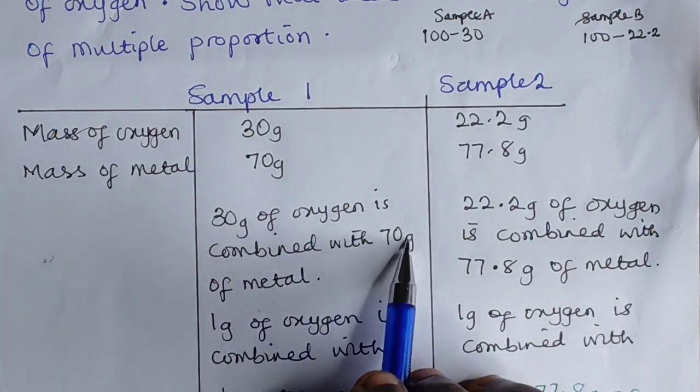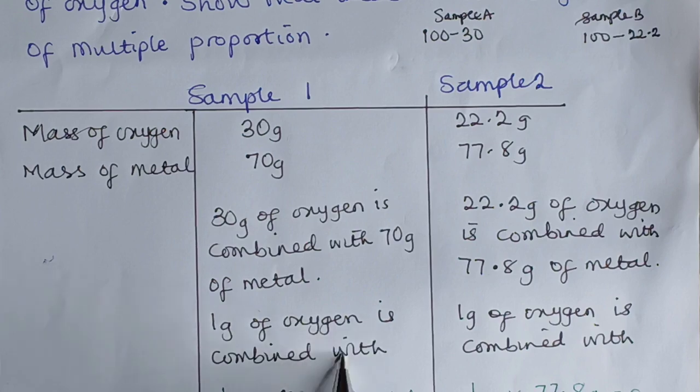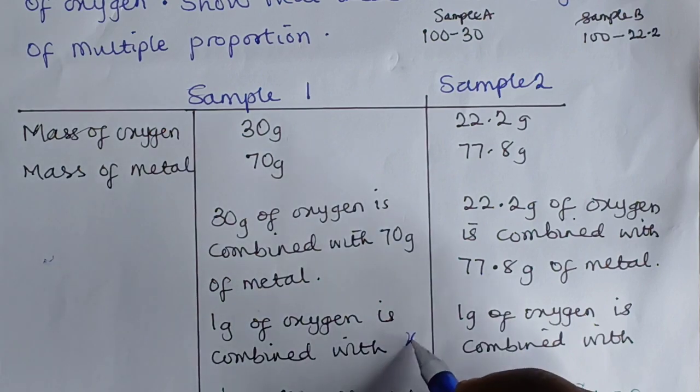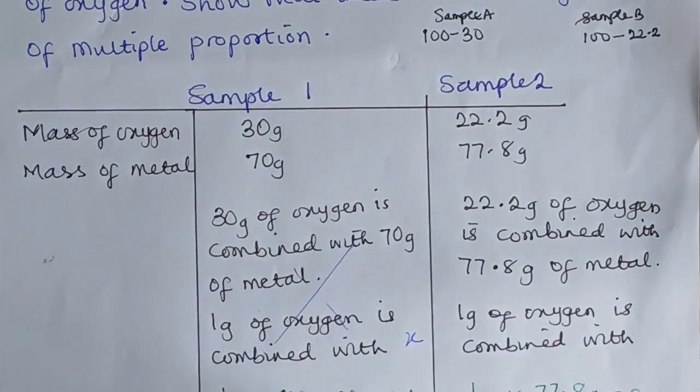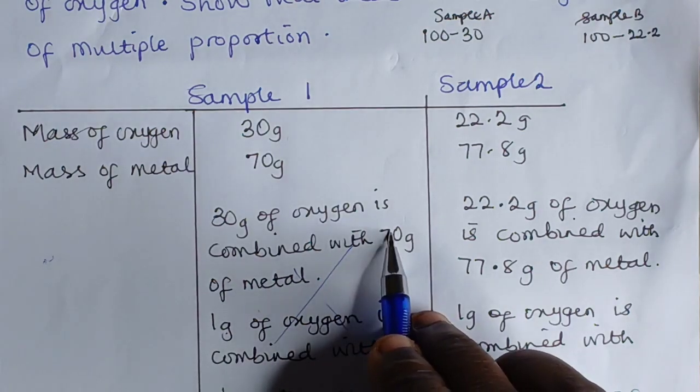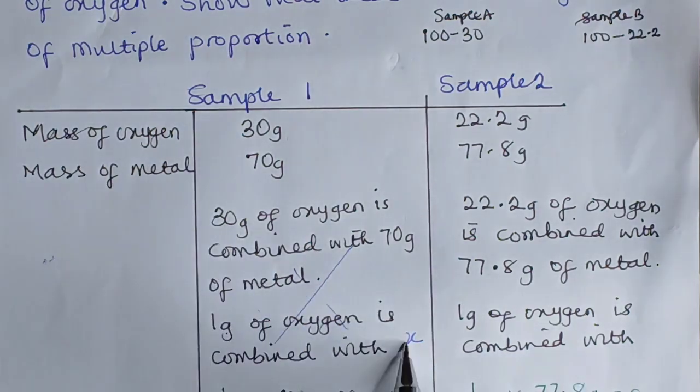You have 30 gram combining with 70. So 1 gram of oxygen will combine with what? With X. So cross multiplying, we have 1 gram multiplying 70 is equal to 30 multiplying X. And so you have to divide both sides by 30. So you have 1 times 70 over 30, which gives us 2.3.